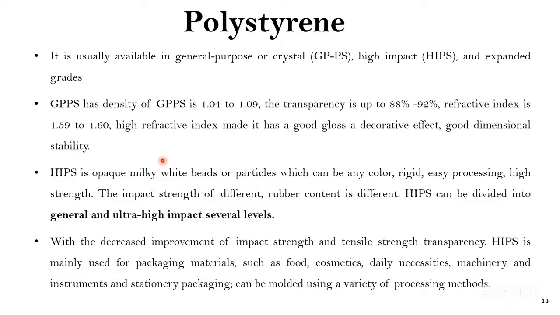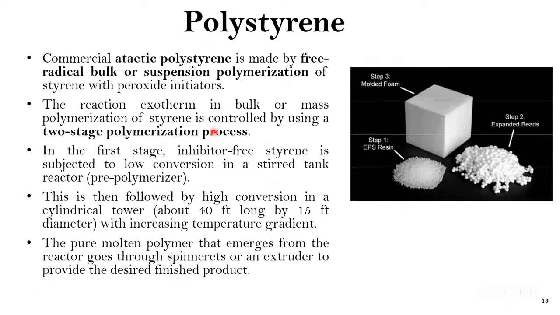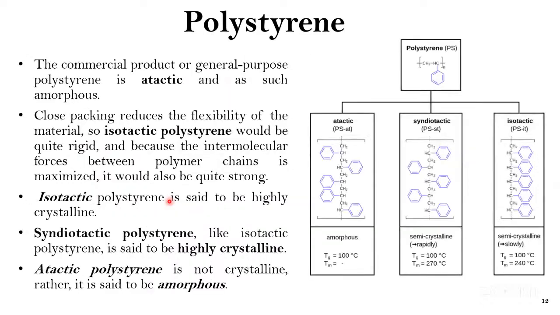See, once you have GPPS, it is difficult to convert it into HIPS. Whenever you do the synthesis, as I told you, you have bulk and suspension polymerization. While you do this, you have to set whether you want atactic, syndiotactic, or isotactic. It depends upon your catalyst as well as your suspension or bulk polymerization.